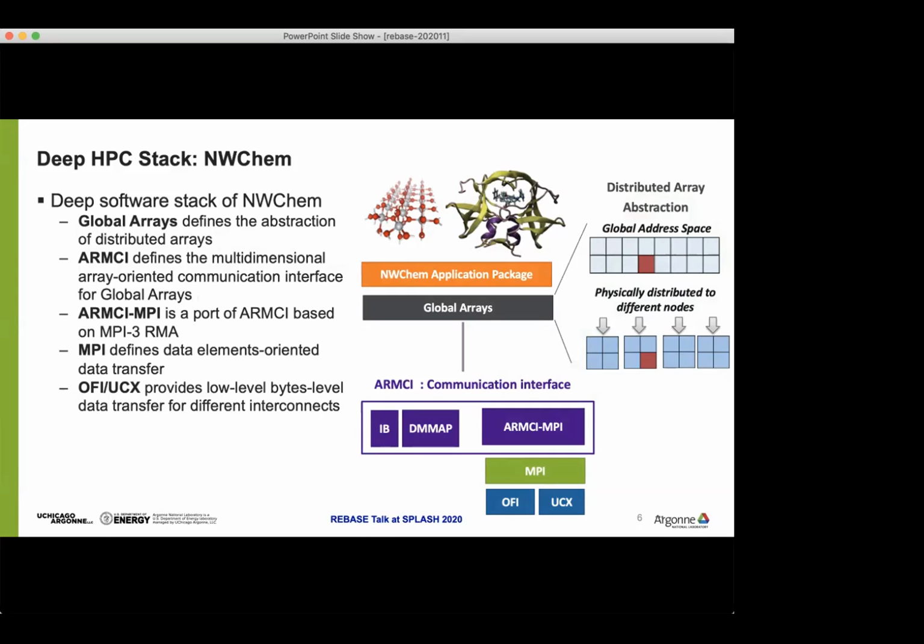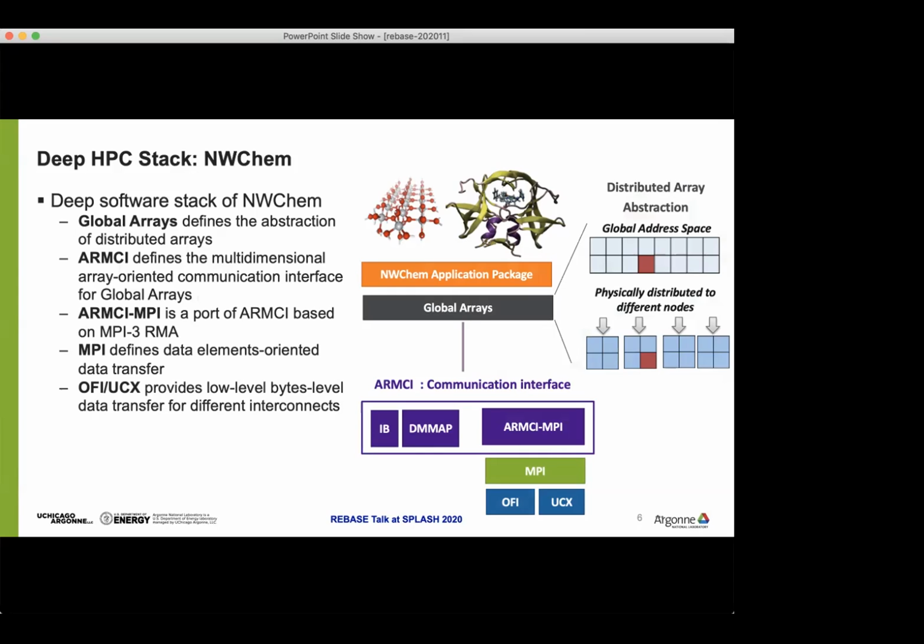Each layer of the software stack handles a different level of abstraction. For example, Global Arrays provides the application developer an abstracted distributed array. The application developer does not need to consider how to distribute such a huge matrix across different compute nodes. They just say, okay, that's a huge global array.